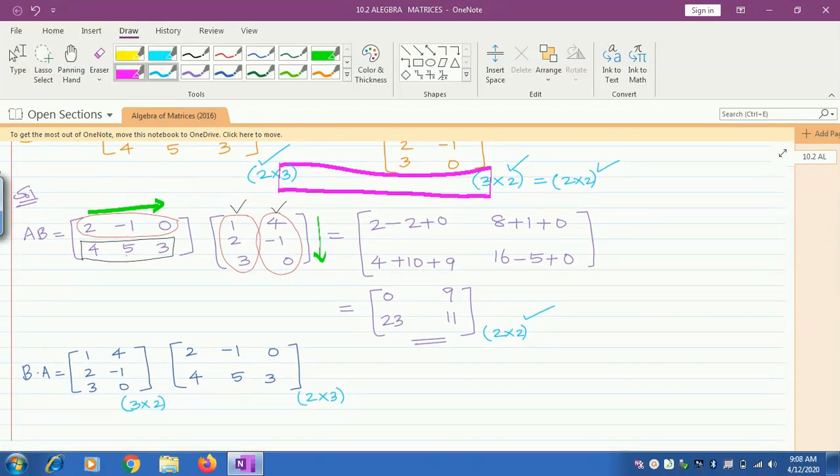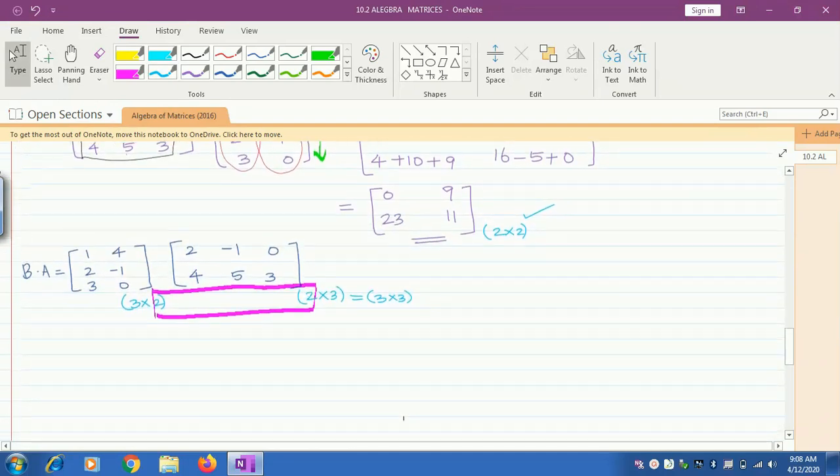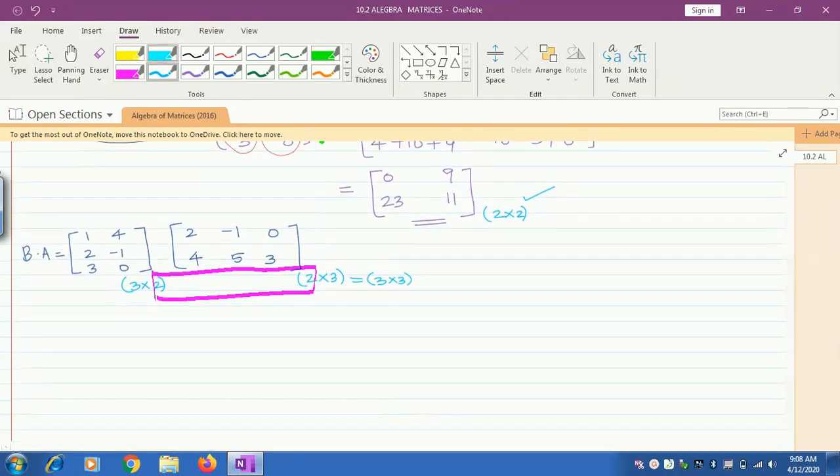So first you have to check whether it is possible. Since this is possible, right? So what should be the resultant matrix? The resultant matrix will be 3 cross 3. Okay, let us check what we'll have here.